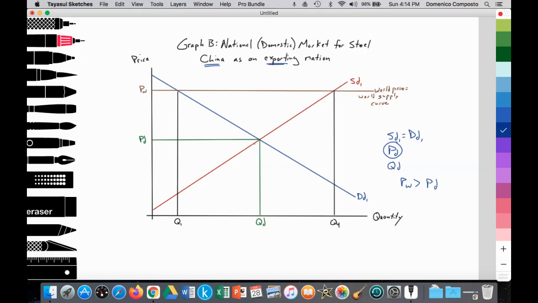That means that China's costs of production, the land, labor, capital resources that are used to produce steel, are lower than other nations. And with other nations in the global industry setting the price for steel, China has a comparative advantage.